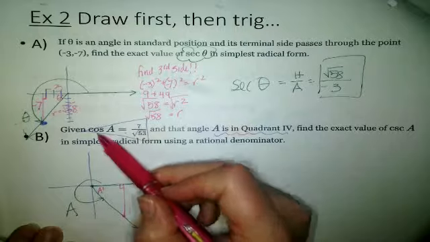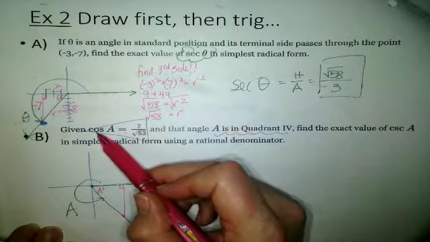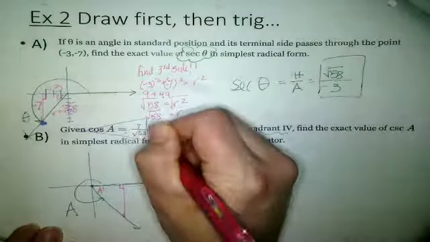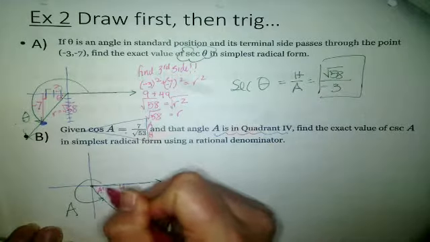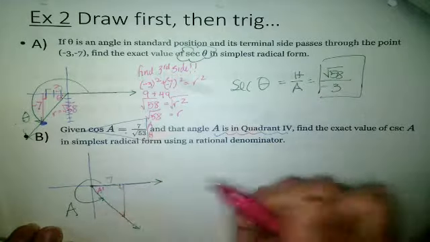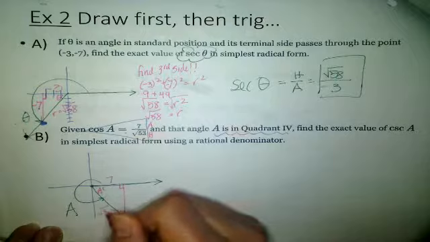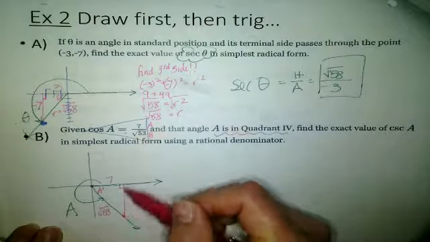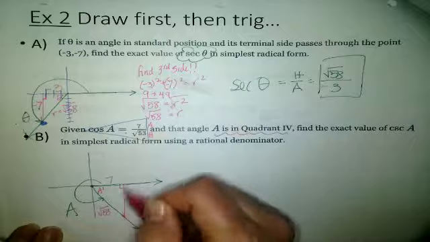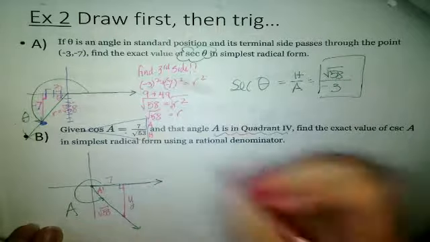Now, this was cosine, and the cosine ratio is adjacent over hypotenuse. So adjacent here would be this side of 7, and the hypotenuse is radical 53. So we need to figure out this third side. It's going vertical, so I'm going to call it y.